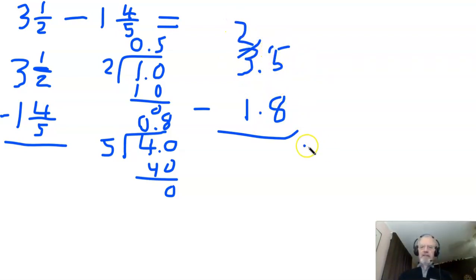Now I have 15 minus 8, and it's a 7. And 15 minus 8 is 7.